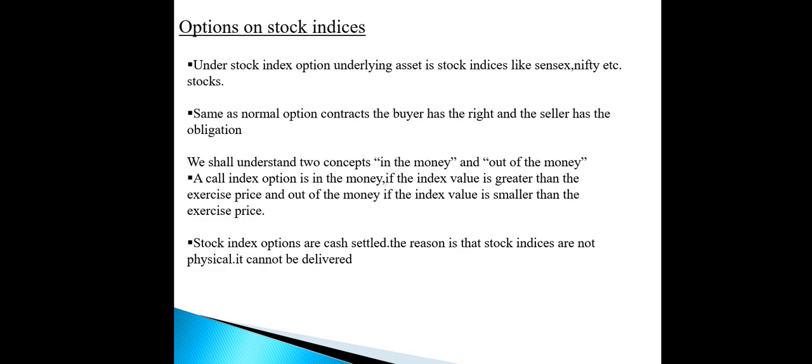Let's see options on stock indices. Under a stock index option, the underlying asset is a stock index like Sensex or Nifty. With stock options, we understood the shares of Reliance or Tata. Whereas there are different sectors under Sensex and Nifty, like the banking sector and automobile sector.